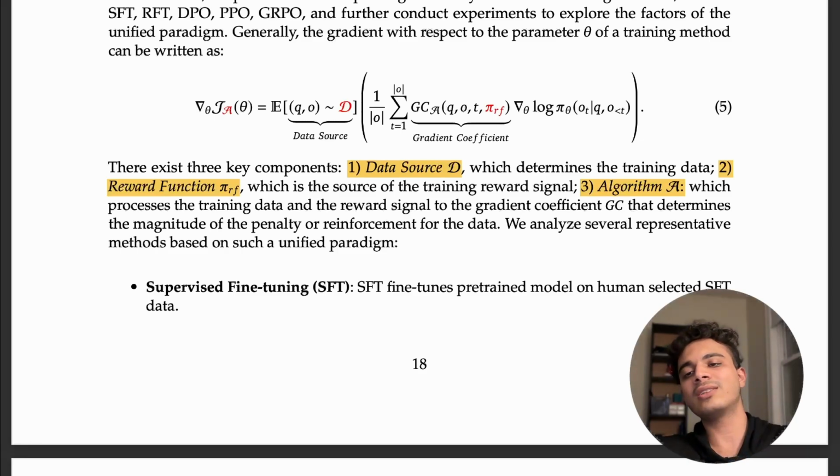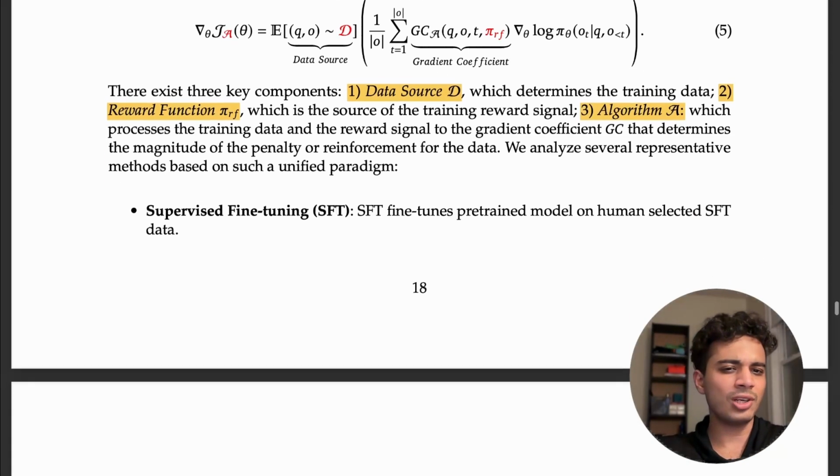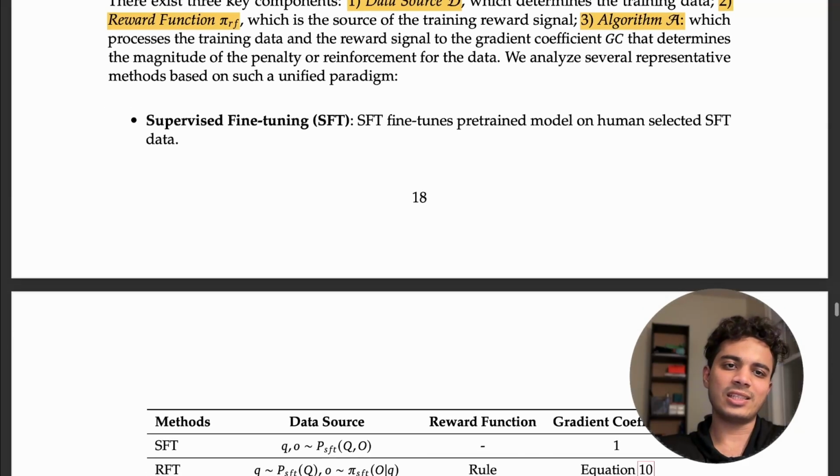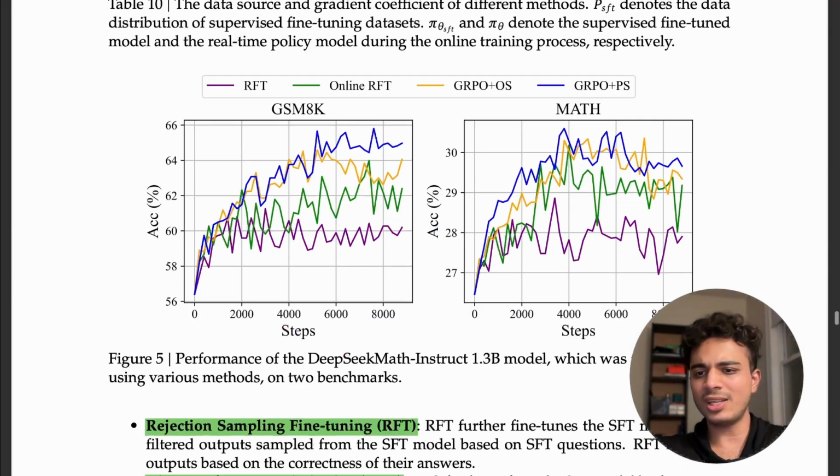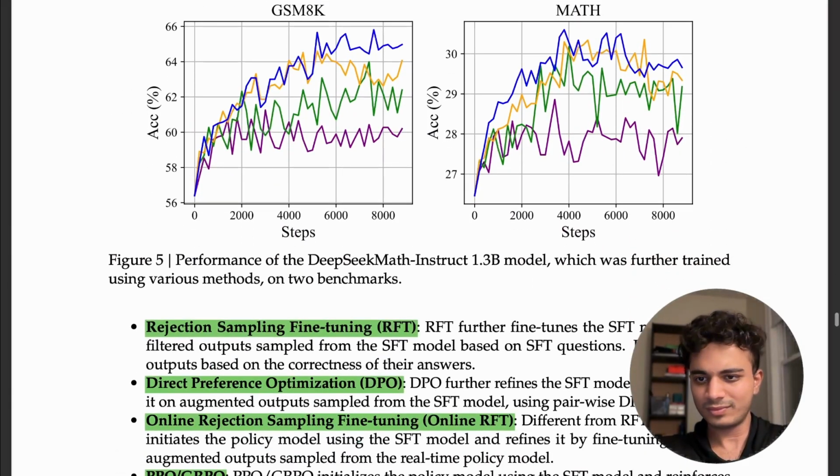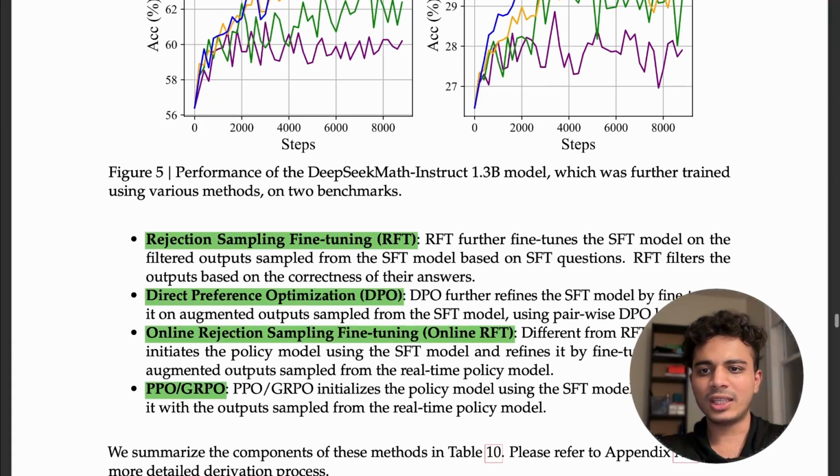First of all, there is SFT, supervised fine-tuning. We have already talked about that, and human-selected SFT data. That's fine. Secondly, they have given rejection sampling fine-tuning, RFT. There are two types: RFT and online RFT. RFT is basically offline and online RFT is online.